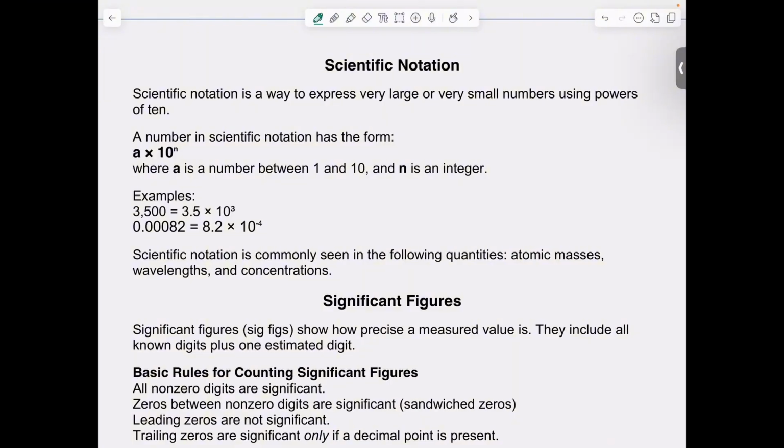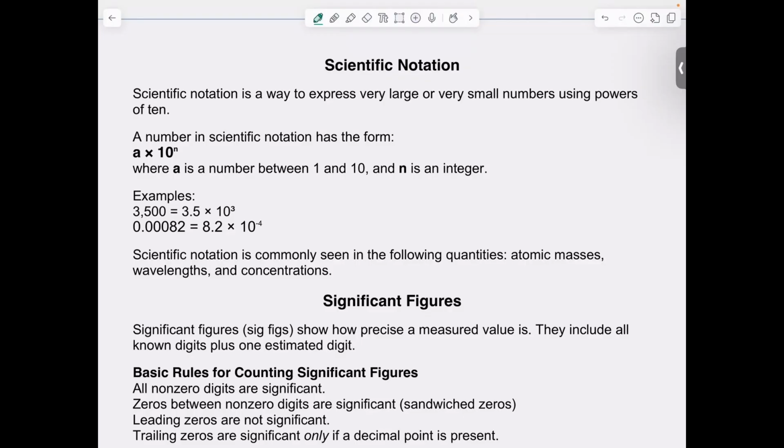You need to be able to take standard numbers, or what we call ordinary numbers, to scientific notation and vice versa. From a testing standpoint, you need to go from an ordinary or standard number out to scientific notation, or take something in scientific notation and go back to your ordinary number.